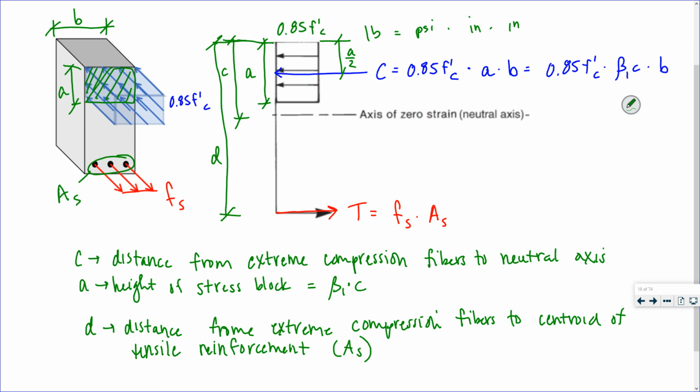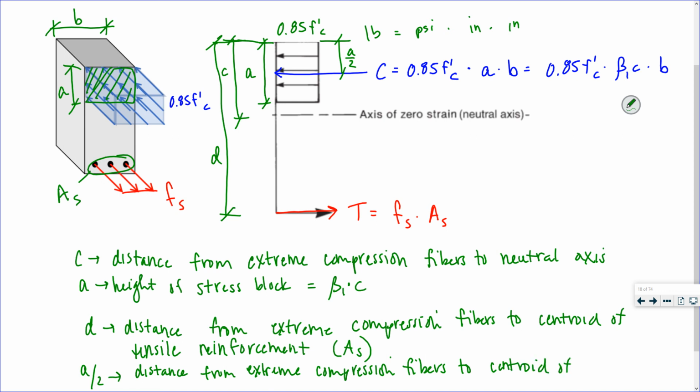And A over 2 is our distance from the extreme compression fibers to, I guess, the centroid of the stress block.